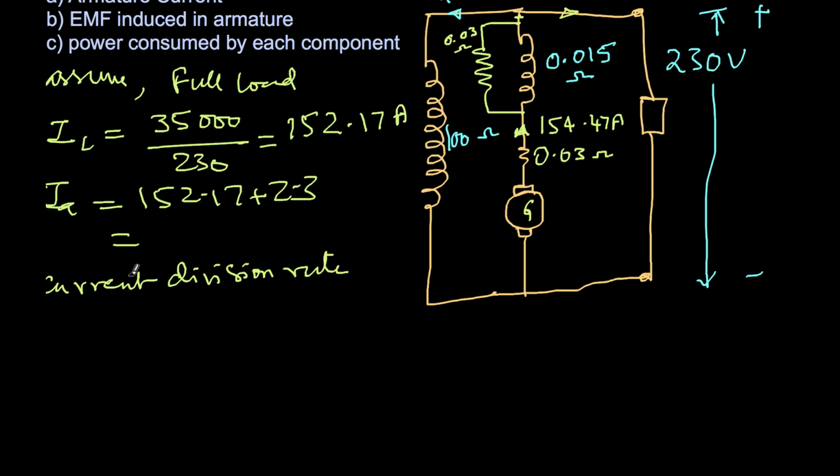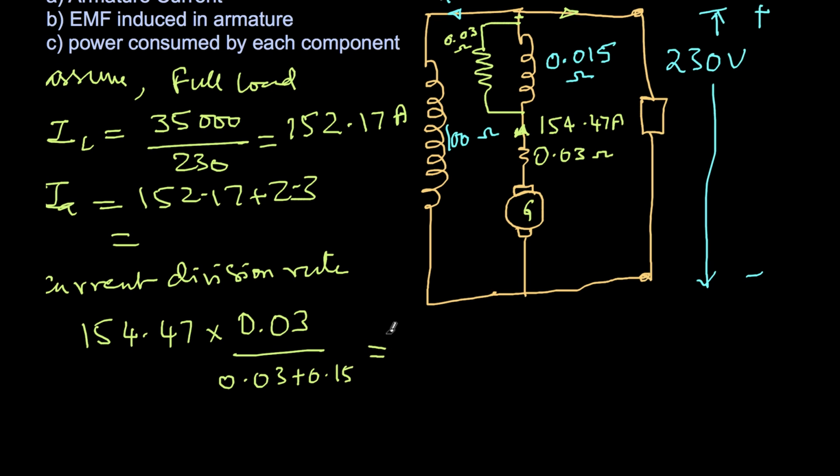So when the total current is 154.47, and I want to find the series current, then you take the opposite resistance, 0.03, and divide by the total resistance, the addition of these two, 0.03 plus 0.15. This will give me the current in the series field winding.